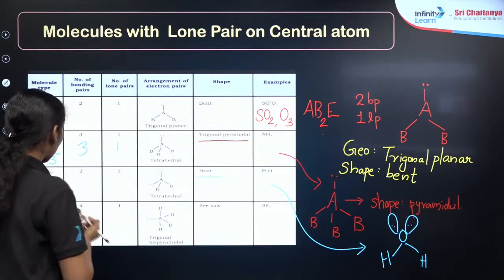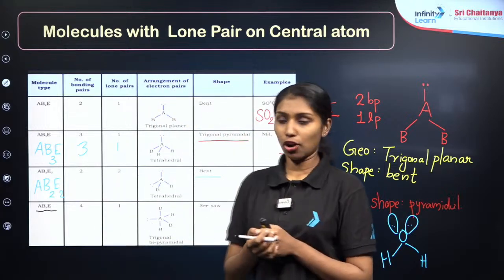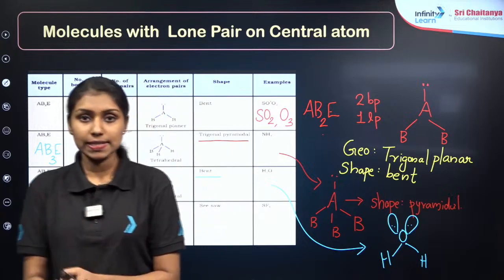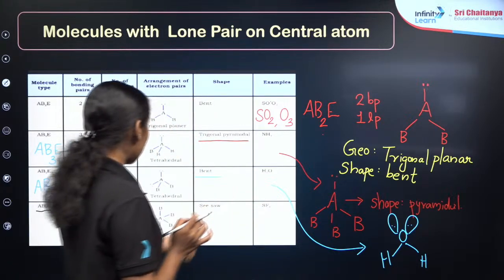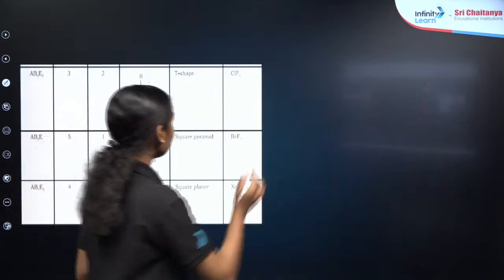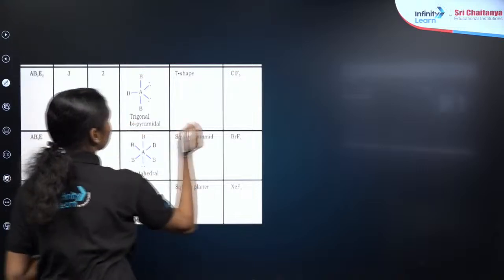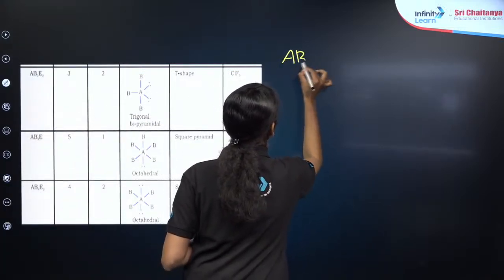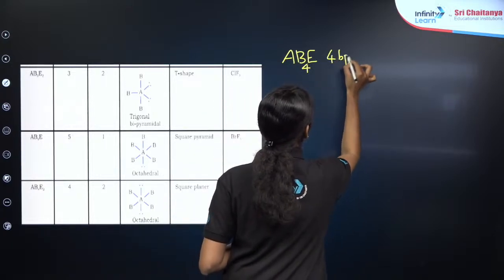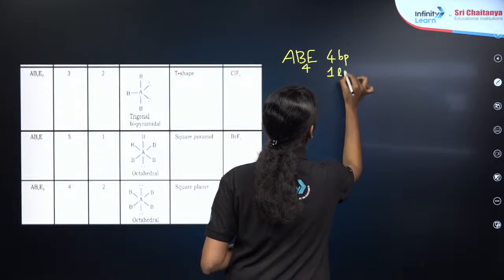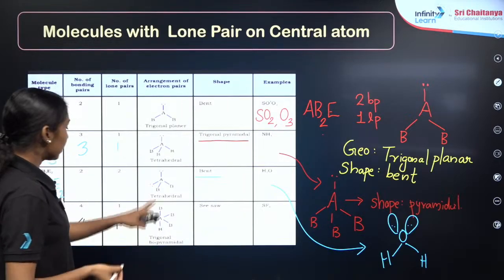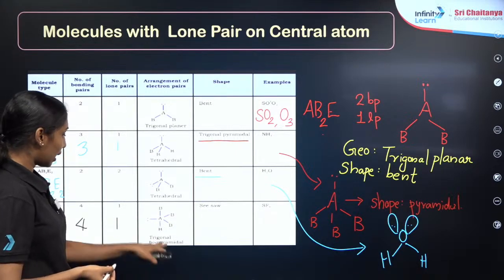The next type is AB4E, which means 4 bond pairs and 1 lone pair, right? If we consider this molecule, here you can see that the geometry will be trigonal bipyramidal.